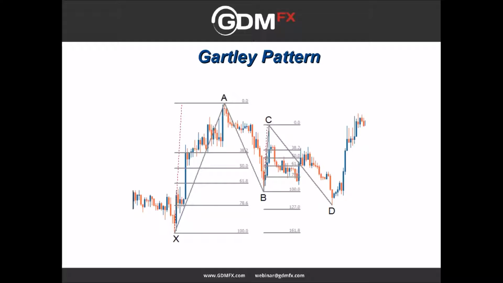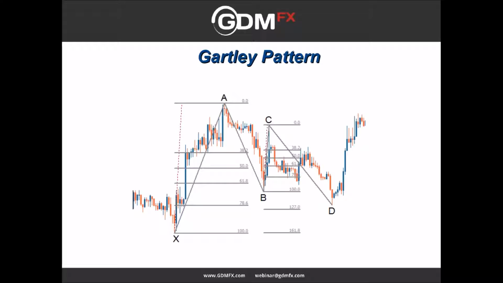The BC leg, however, the price changes direction again and moves back up towards point A, retracing somewhere around 38.2 to let's say 88.6. I didn't particularly set the level of 88.6 because I already have the 78.6, which plays almost the same role.